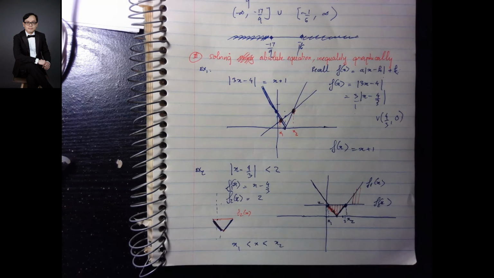Okay, so for the fourth part of the lecture, we talk about modeling with absolute equations and absolute inequalities, but I don't think I'm going to go through that right now because I think this is hard for you already. So I'm just going to skip modeling with absolute inequalities and absolute equations.